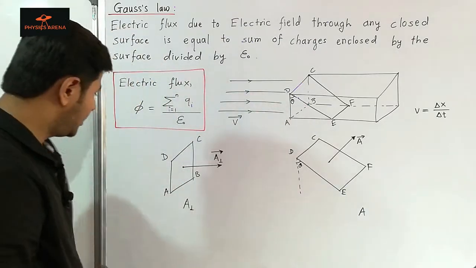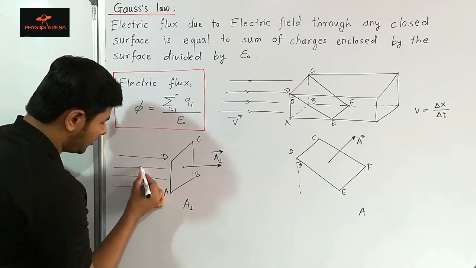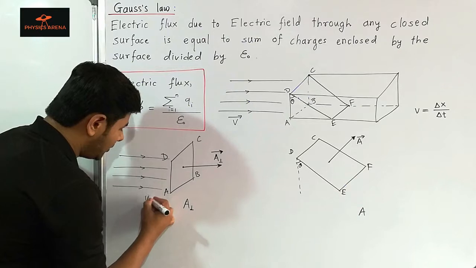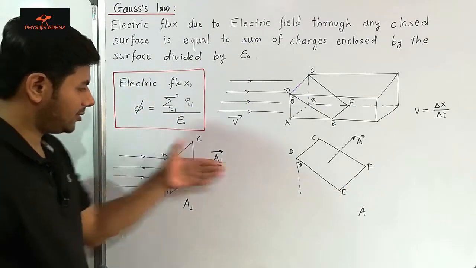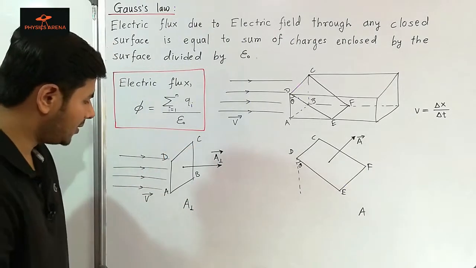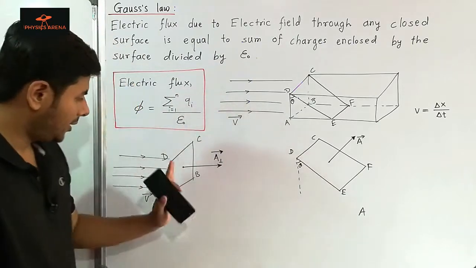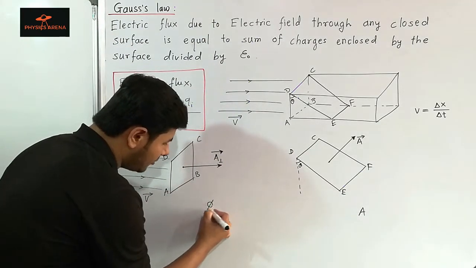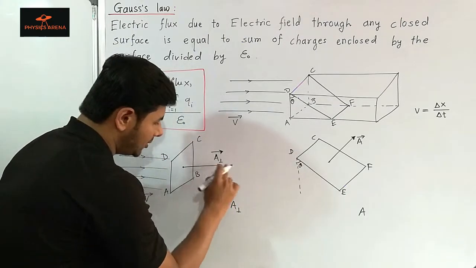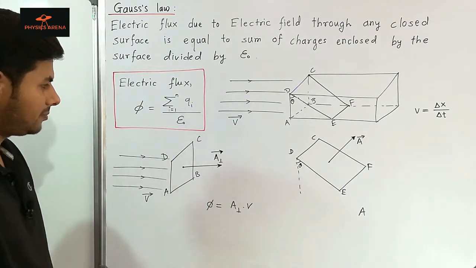Then let's consider fluid coming in from this direction. So the velocity of the fluid is v bar. It is in the horizontal direction, same as the direction of A perpendicular, and we calculated the flux flowing through A perpendicular, which was phi equal to the magnitude of this area multiplied by the magnitude of velocity.